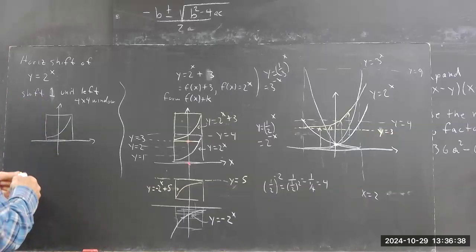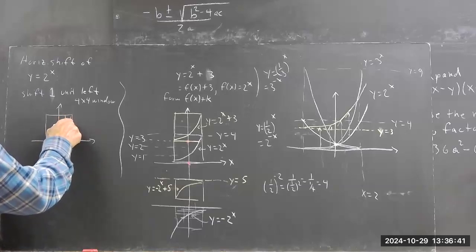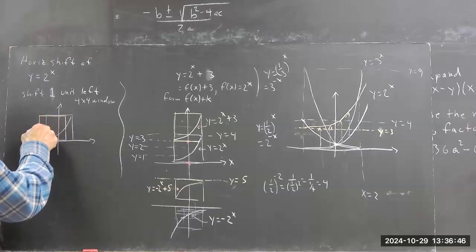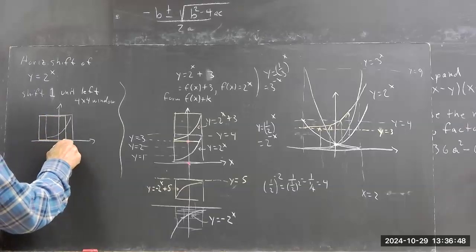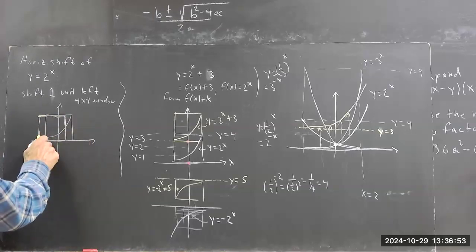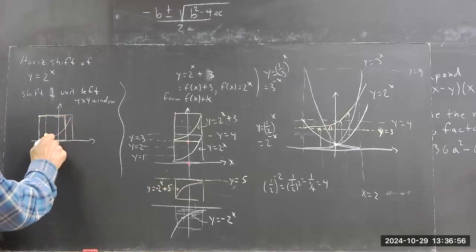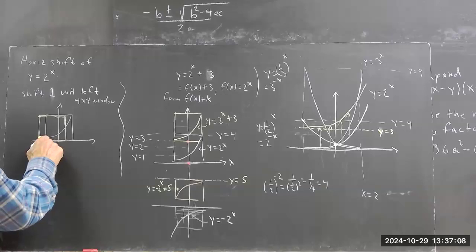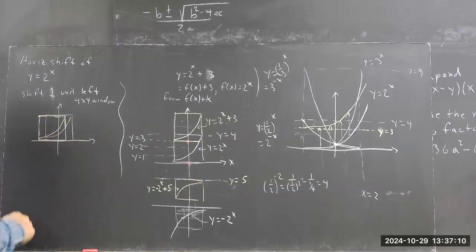The reason to do that, just take the box, here's your x equals 1 line. So everything moves over this way, and the function goes from here up to here. Does it look like that?